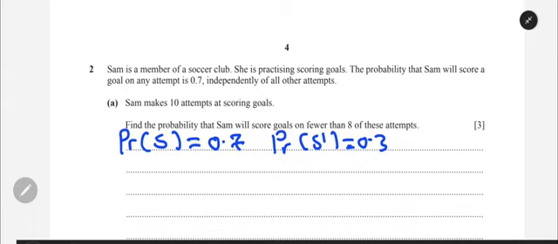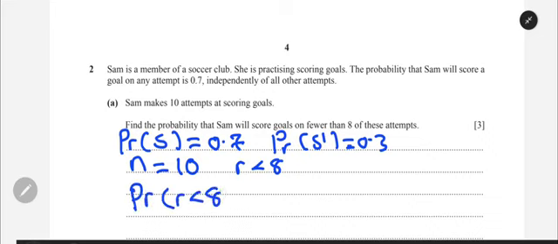So you are looking for the number of successes in n trials, where n is 10, and r, the success, is fewer than 8. That means r is less than 8, which implies that we are looking for the probability of r less than 8, which is equivalent to the probability of r less than or equal to 7.